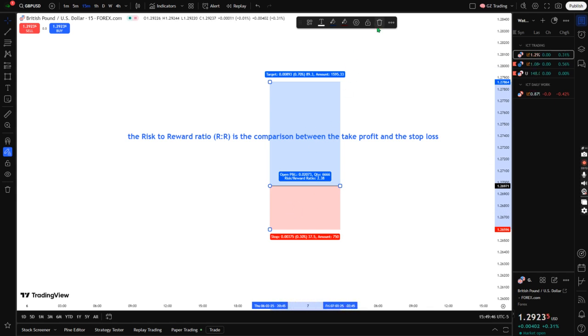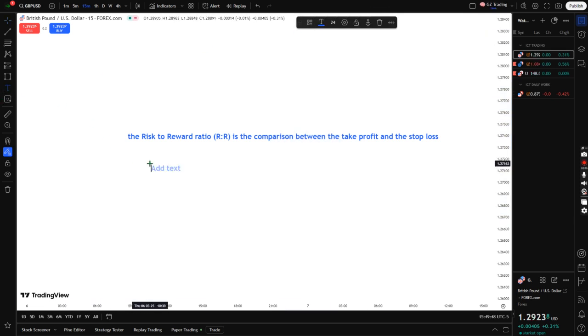Okay, so of course statistically the bigger the R ratio, the harder it will be to reach take profit, because it's too far away.